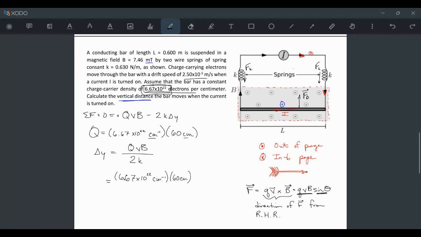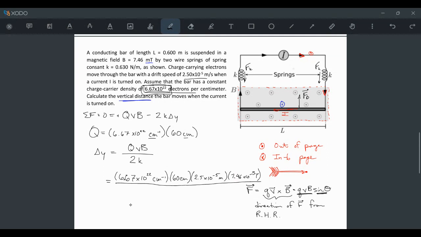So that's the total charge. The velocity, or the speed, was 2.5 times 10 to the minus 5 meters per second. And the magnetic field was 7.46 times 10 to the minus 3 Tesla.